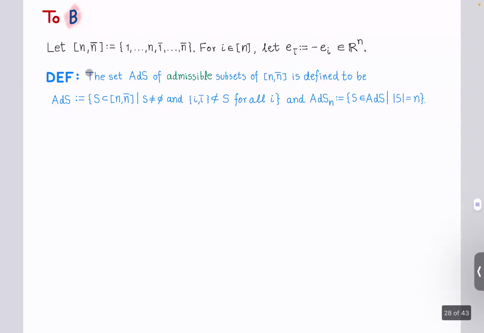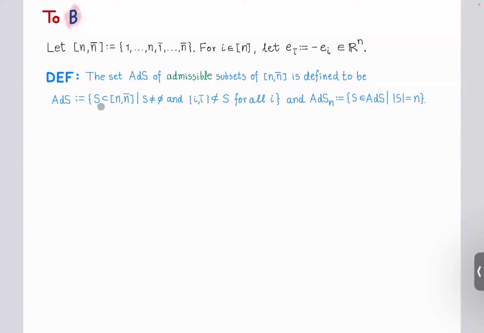Okay, so now let [n] ∪ [n bar] be this set here. And for i in [n], let e_i bar be defined to be minus e_i. Okay. And here's another definition. Let the set of admissible subsets of [n] ∪ [n bar] be defined to be this set here.